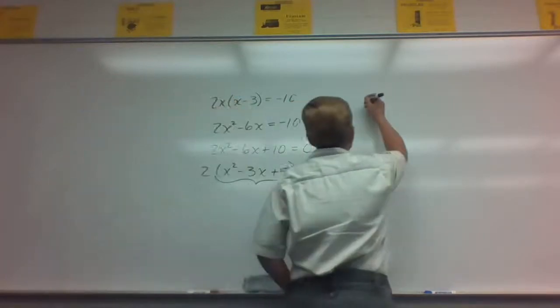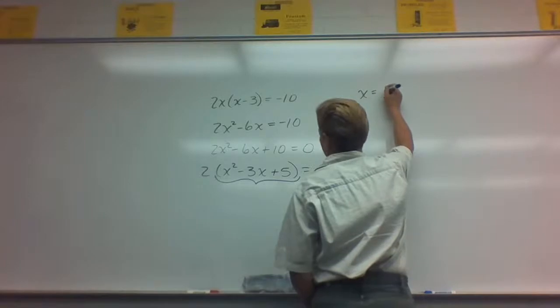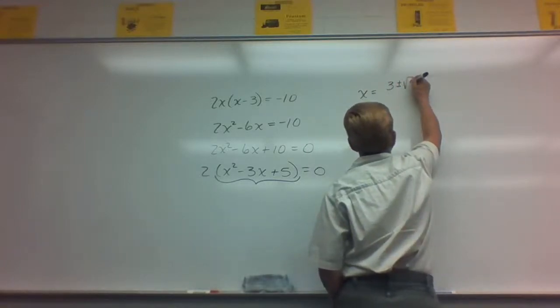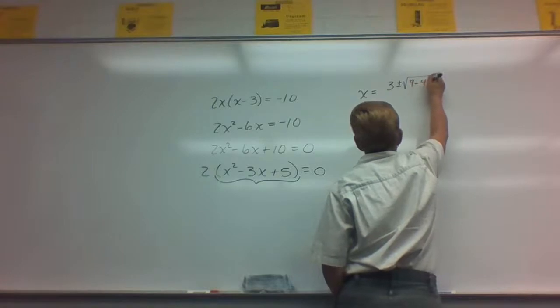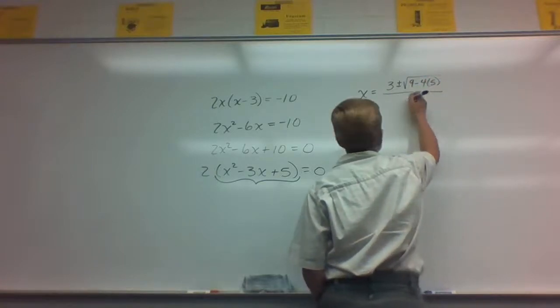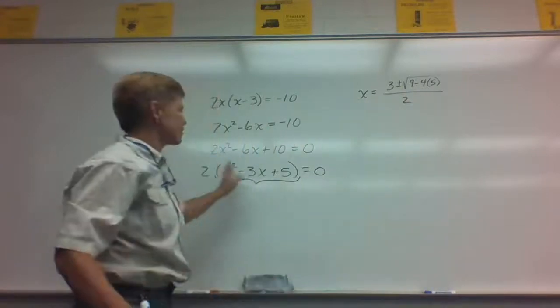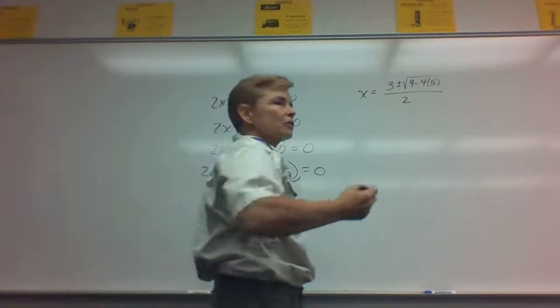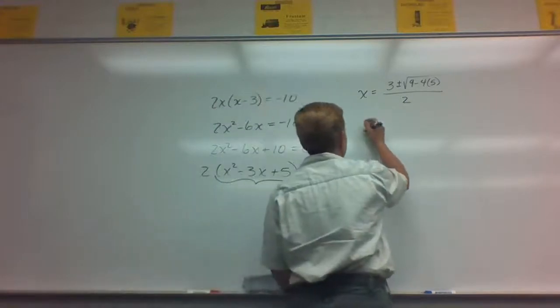So here we go. We would say x equals the opposite of b, which is 3, plus or minus the square root of b squared, which is 9, minus 4 times ac, which is 5, over 2. I'm ignoring the 2 in the entire application of the quadratic formula there. Are we going to get real or imaginary solutions?